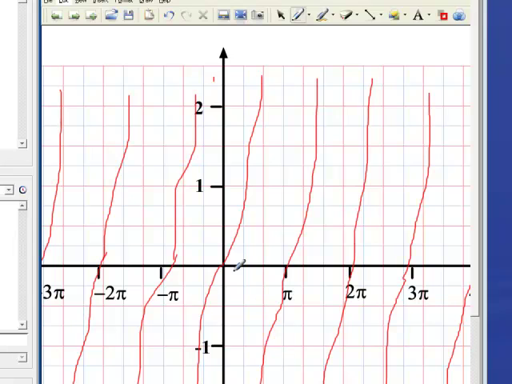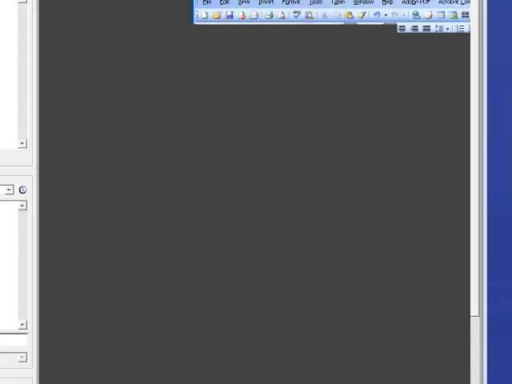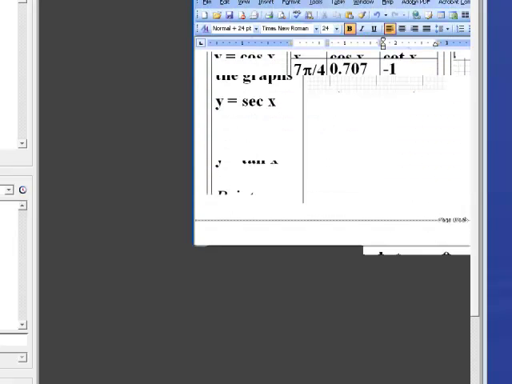Yeah, those two in between 0 and 2 pi. So I'm going to go back over to Word and fill in these values. Okay. Let's scroll down, and there it is.